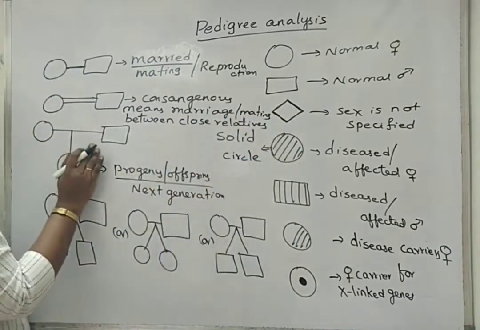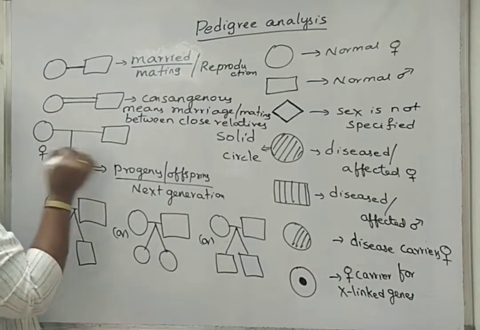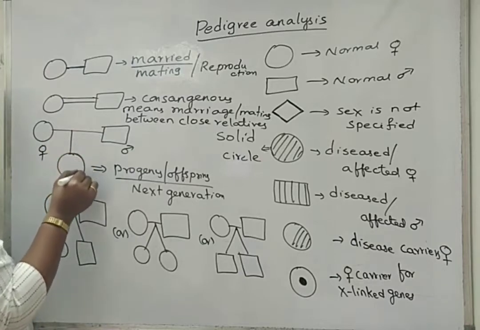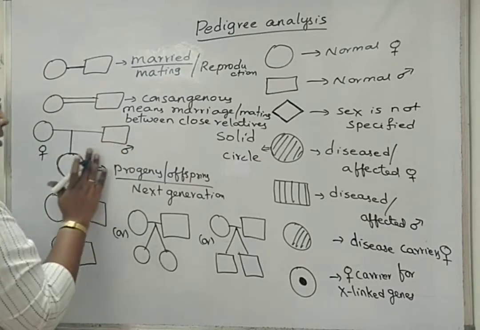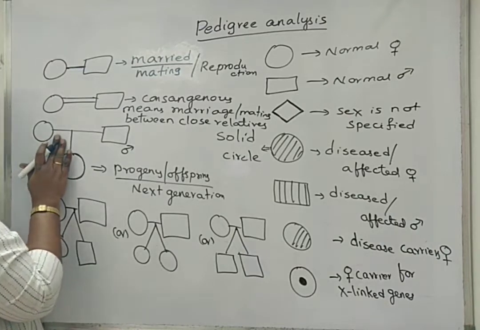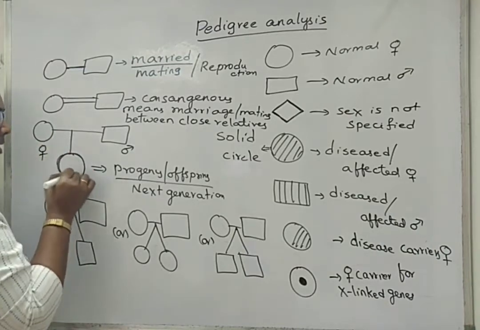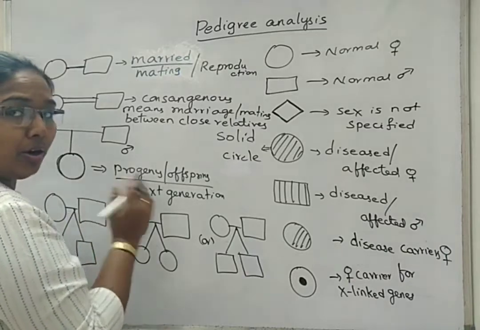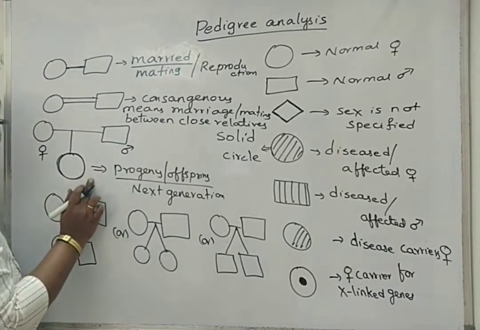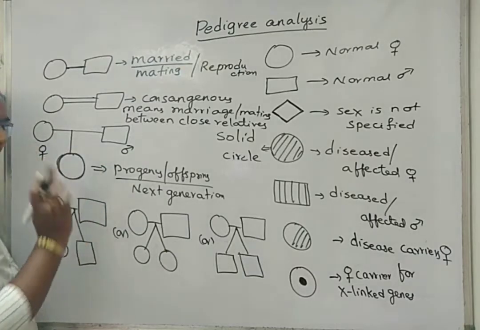Next, if the female and male are connected by a single horizontal line and a vertical line shows another circle like this, the total representation is telling us about a family, and the bottom circle is considered the offspring or progeny, the next generation. We can consider this one as generation 2 and this one as generation 1.